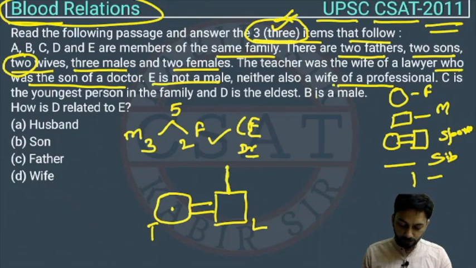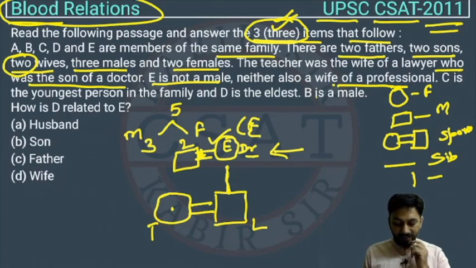Because we know there are 2 wives, so E will come in this line, right? So if E will be here, then her husband will be the doctor, but they have mentioned she is not a wife of a professional, then E will be a doctor, right? So E will be a doctor and we will see who will be her husband, right?